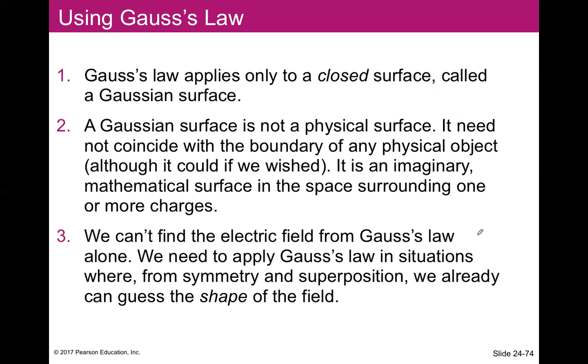And when you use Gauss law, if you find perfect symmetry, it will be very useful to simplify the calculation. Otherwise, Gauss law doesn't help you much, because once you need to do a complicated integral on, let's say, an irregular surface, then the problem could become very difficult.